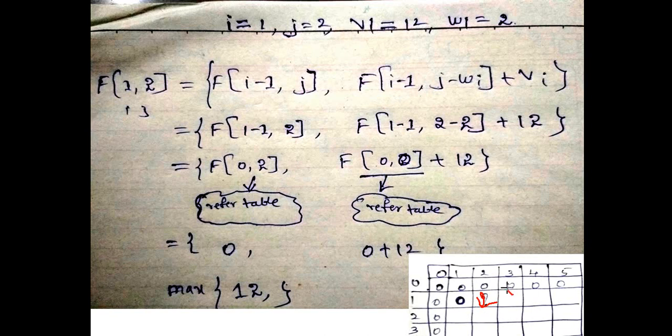Next, identify this value. What is the value for f of 1 comma 3? You have to identify it, one by one.